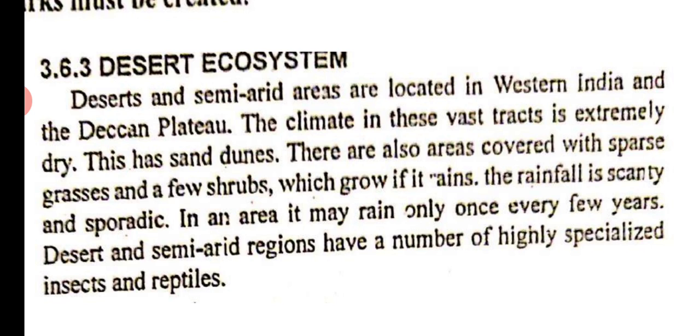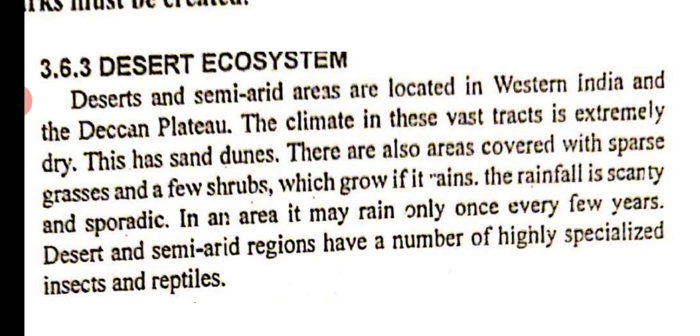Deserts and semi-arid regions have a large number of highly specialized insects and reptiles. In deserts you find a lot of reptiles like lizards, and moreover the camel, which is adapted to this desert ecosystem. Because of this scanty rainfall and less availability of water, the camels have adjusted themselves, and they have tall legs.